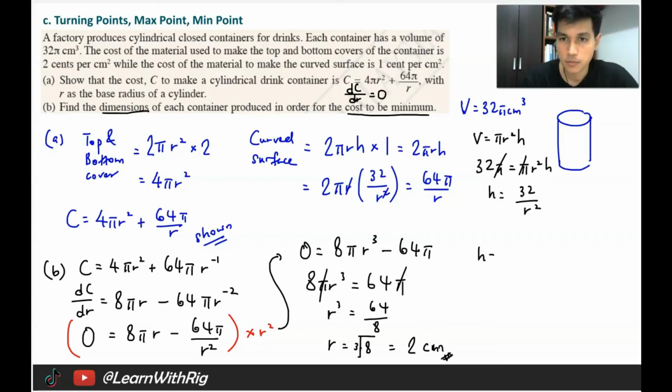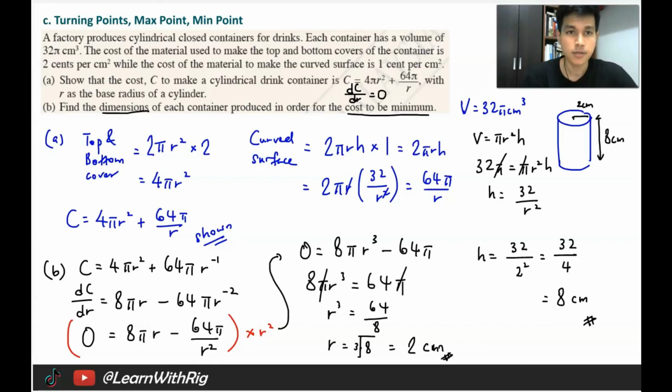So h will be equal to 32 over 2 square, so 32 divided by 4. So 8 cm. Yes, correct. So that will be your dimension. The radius is going to be 2 cm, then the height is going to be 8 cm. So that's how you solve this kind of question.